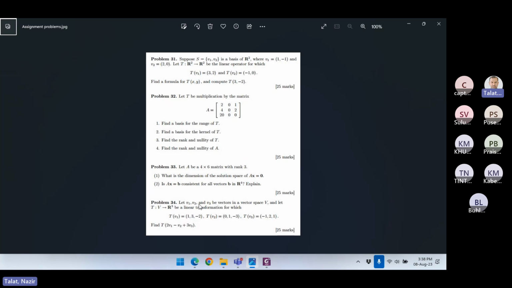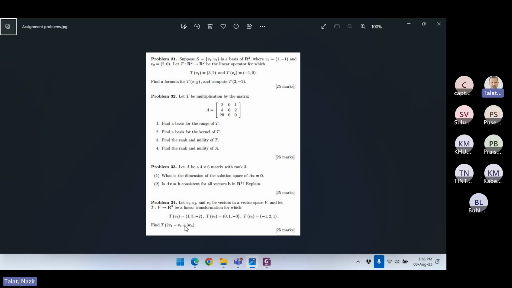And if v1, v2, v3 are vectors in vector space V, and T is a linear transformation from V to R3, and T of V1, T of V2 and T of V3 are given. Now, by using linearity, just find T of 2V1 minus V2 plus 3V3.